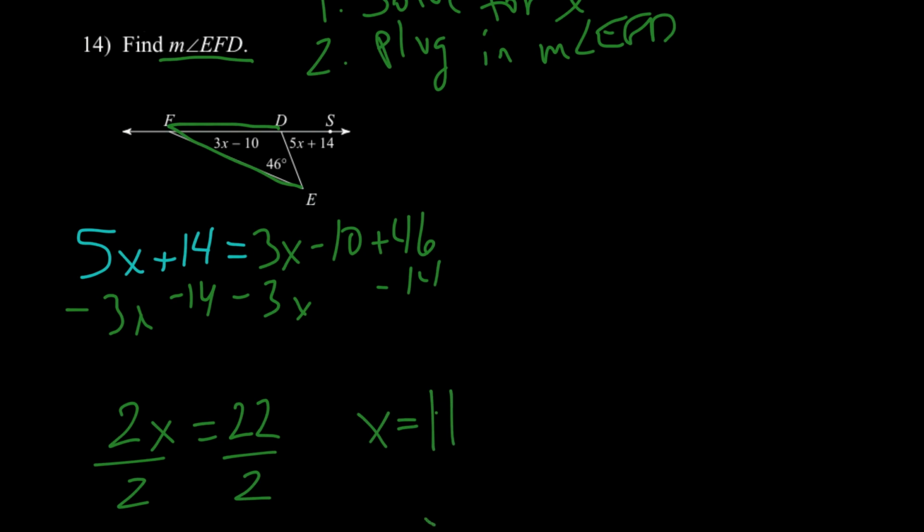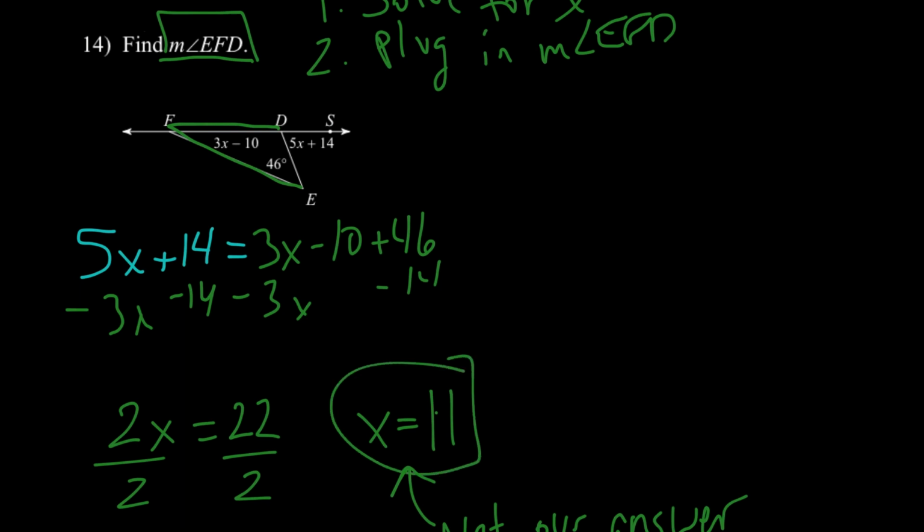Now, do not stop here. This is not our answer because we need to actually find the measure of angle EFD. So our next step is to take this and substitute it into the expression for the measure of angle EFD, which is 3x minus 10. So I'm going to plug it in here.